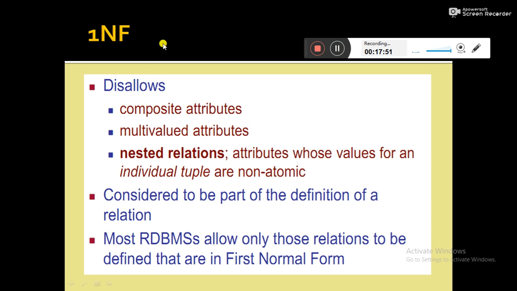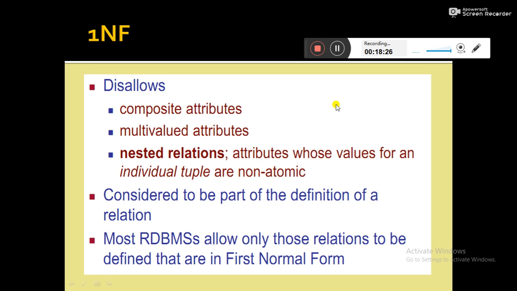Now normalization has multiple normal forms: 1NF, 2NF, 3NF, 4NF, BCNF, 5NF. So in this lecture I will discuss only 1NF. A relation is in 1NF if for a particular record every attribute has a single value, as well as the value should be atomic, in the sense that the value cannot be further decomposed.